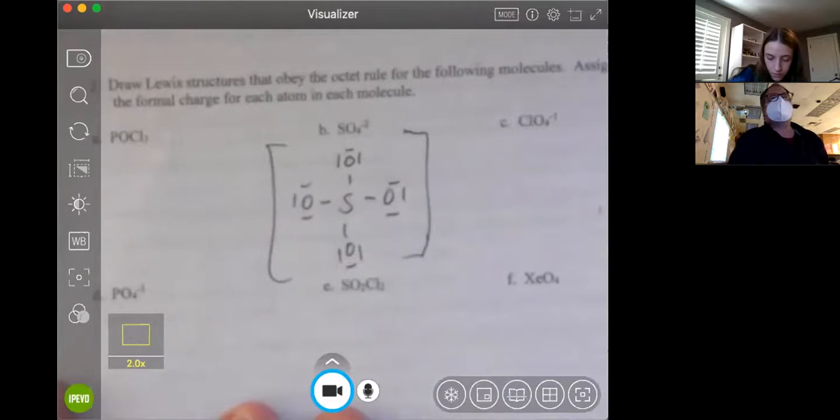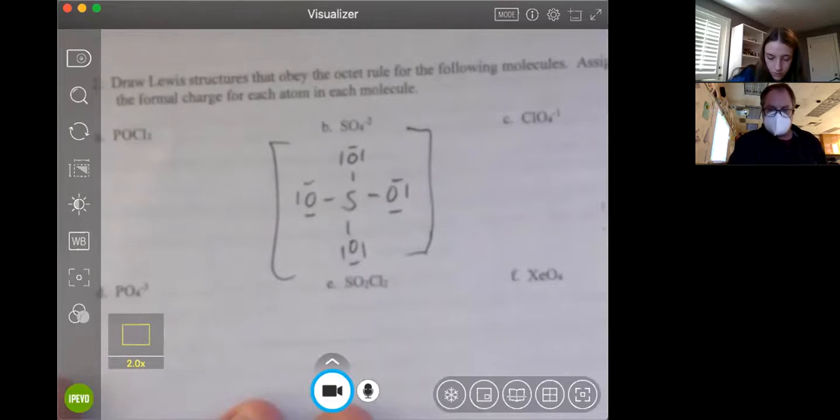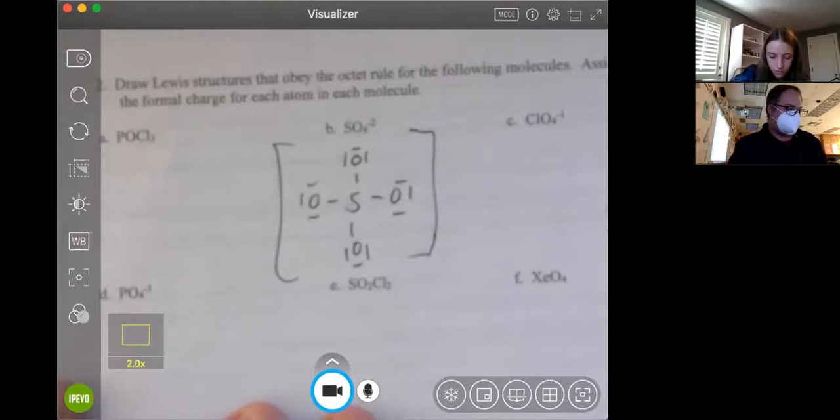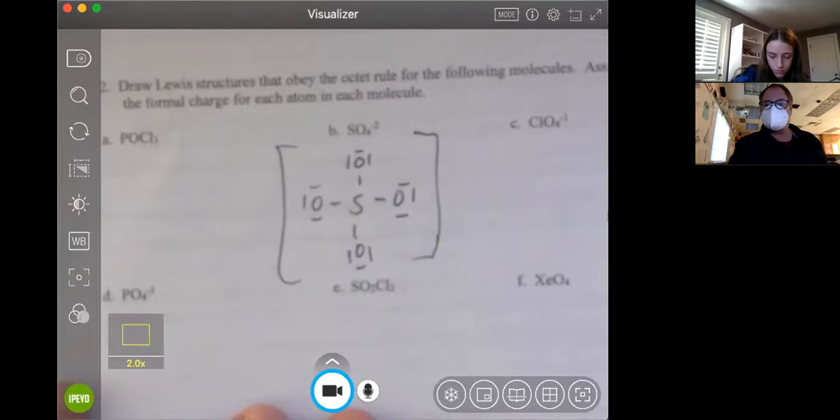So if you had it like this on anything before today, you would be considered correct. What is the formal charge of sulfur? +2, right? That's not very close to 0, is it?